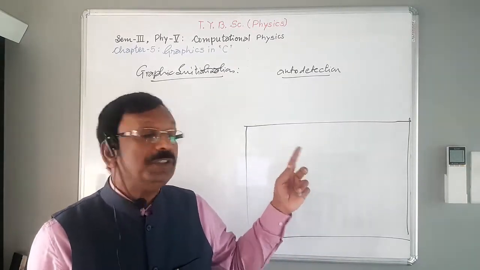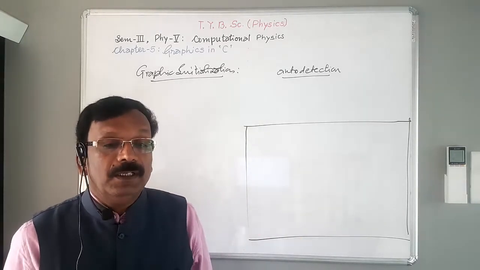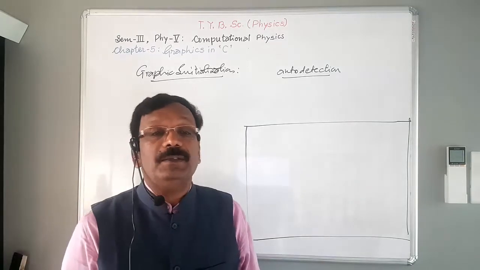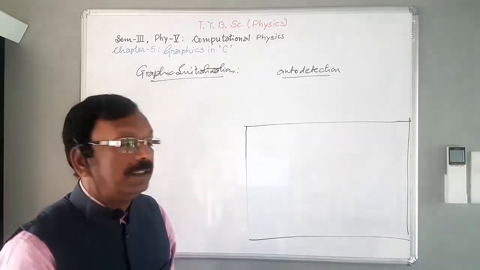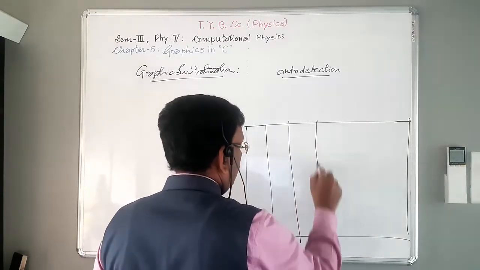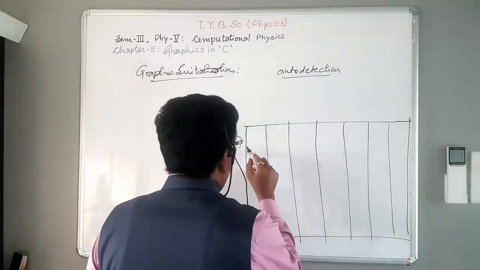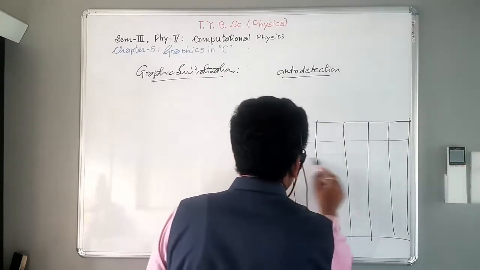For that purpose we should know the screen coordinates, how this screen is coordinated. In a screen coordinate system, suppose there are columns, these are the columns and these are the rows.